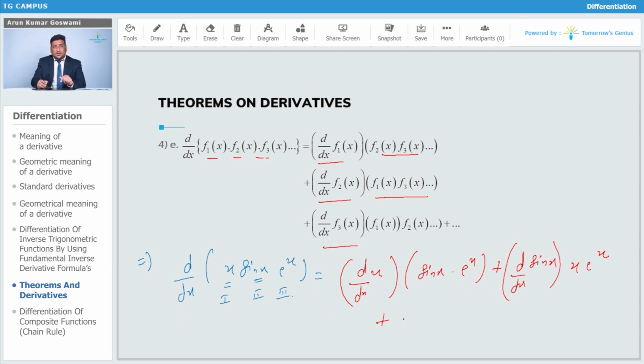Plus in the third one, because we have 3 functions, we are differentiating 3 times, so it will be d by dx of e to the power x and the others as they are, sine x and x.